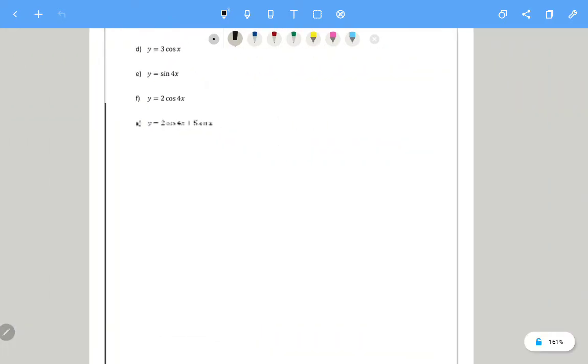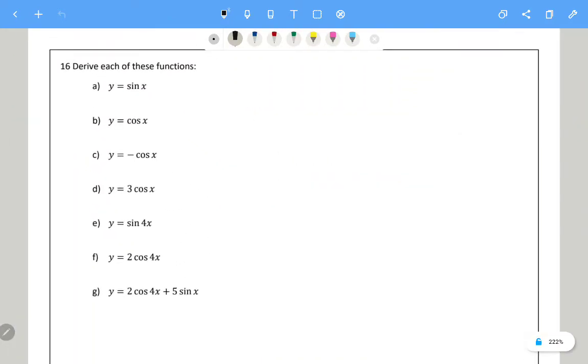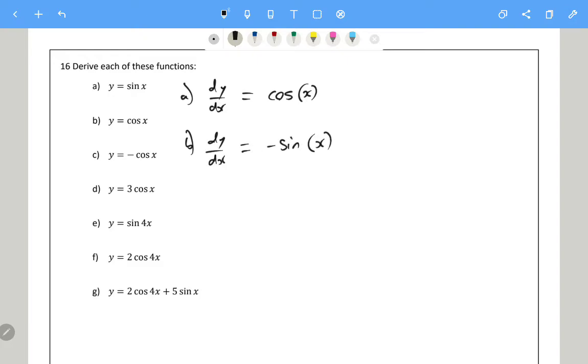So, let's do some derivatives. If y is equal to sine of x, then dy dx is equal to cos of x. If y is equal to cosine of x, then dy dx must be equal to negative sine of x. If y is equal to negative cosine, remember the negative just comes along for the ride.